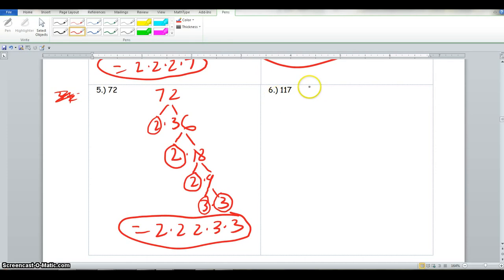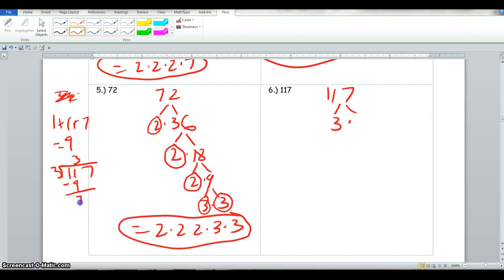Now we've got number 6, 117. Now we know 2 and 5 are not going to go into this, but let's try 3. 1 plus 1 plus 7 gives us 9. So we know 3 goes into 117. So now we could divide 117 by 3. 3 goes into 11 3 times. 11 minus 9 is 2.